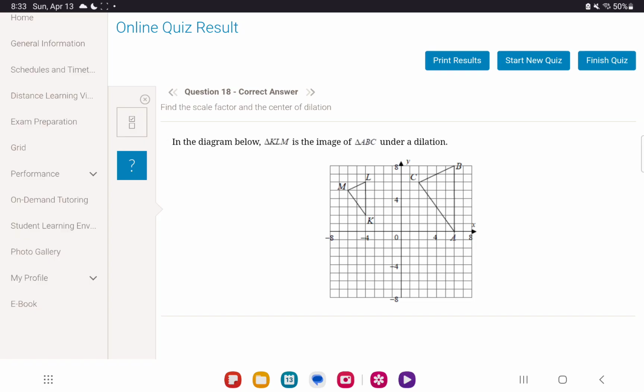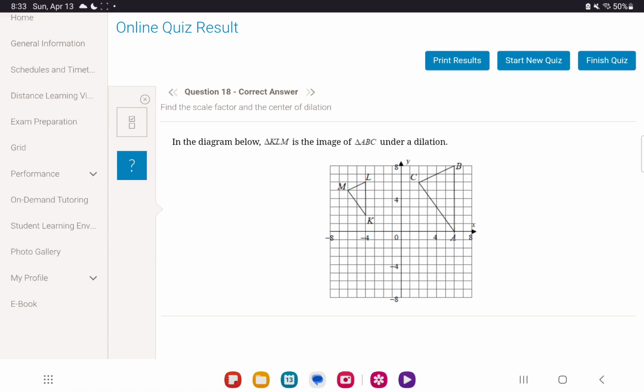So here they're telling us the KLM is the image of ABC under dilation. Dilation, whatever, the same thing. That means that KLM is the same image as ABC, but it's after it got dilated, okay?